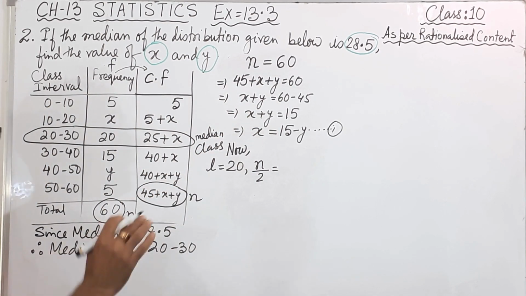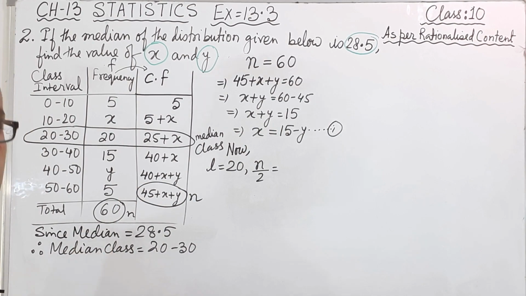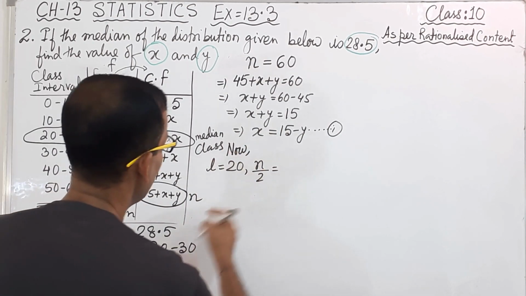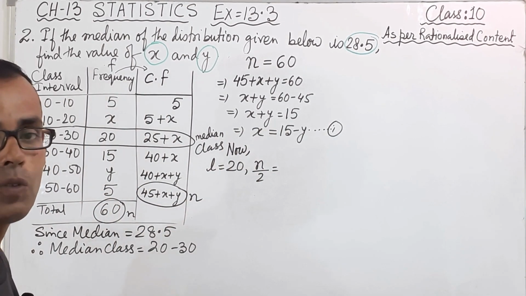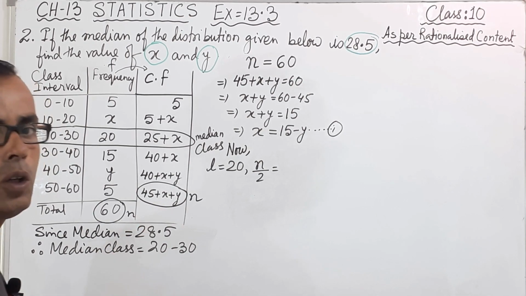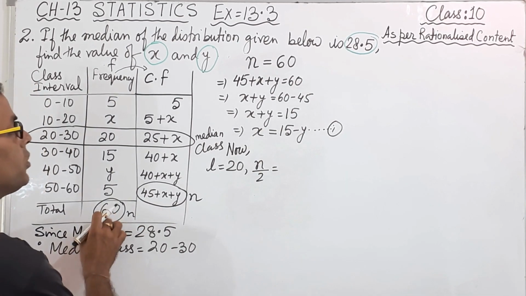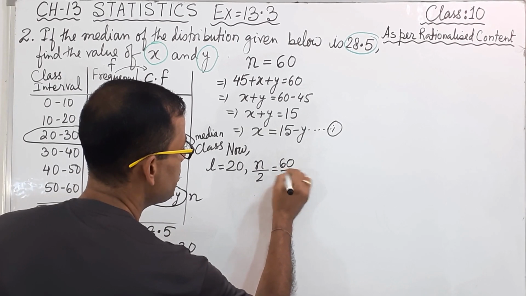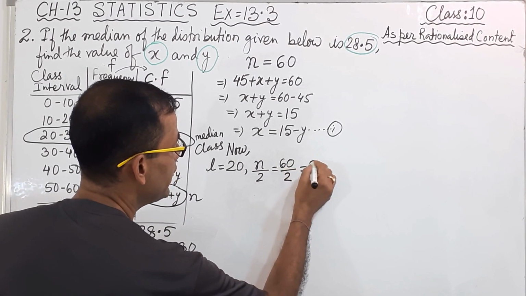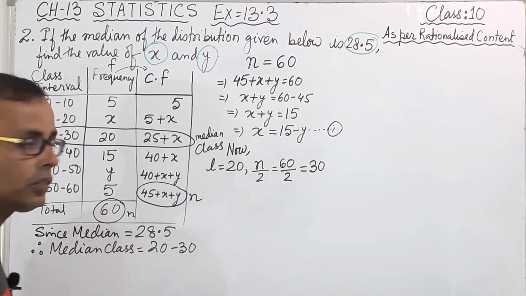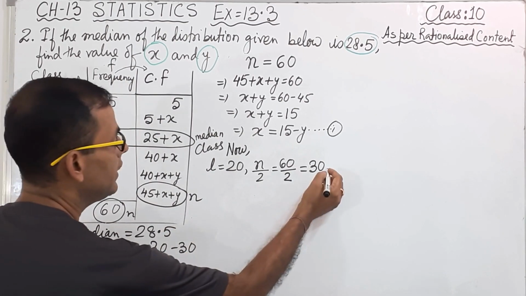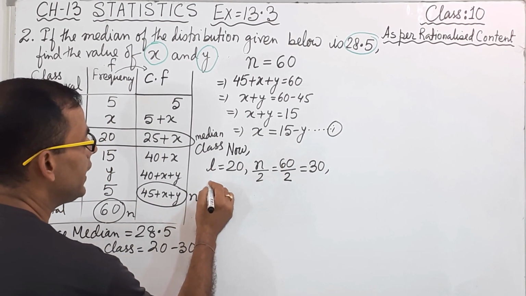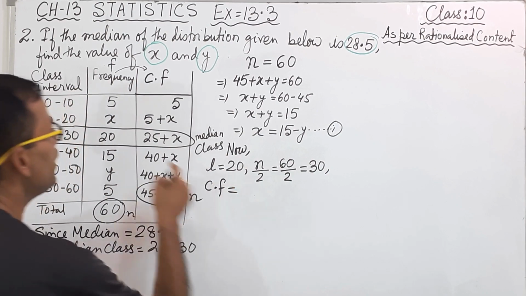The easiest one to use is 60. Why 60? If you use 45 plus x plus y, again x and y will be unknown, so there will be a problem. So better to use 60. So 60 by 2. What do you get here? 30. Clear now? Then after that, n you got it. Now after that, CF. Now CF is how much?